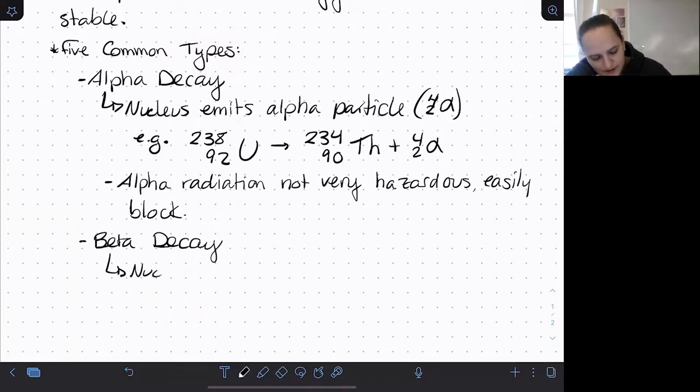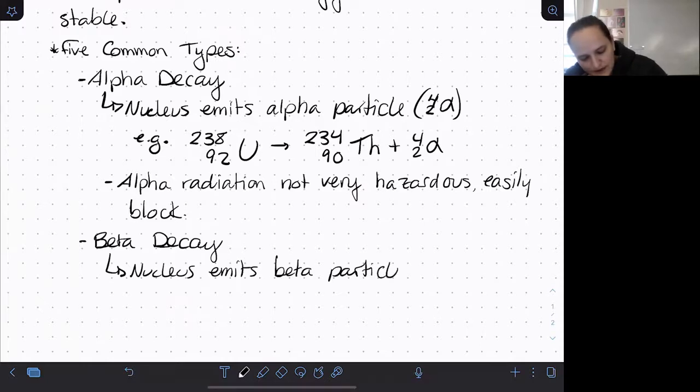where your nucleus emits a beta particle, aka an electron. Now, if you think about this for a moment, this should seem impossible.